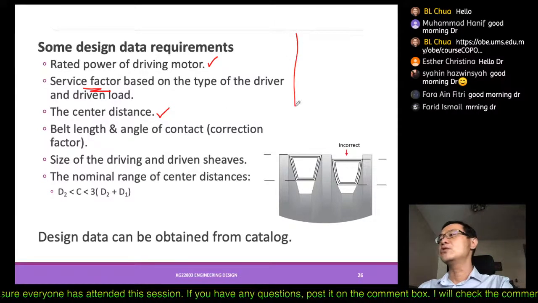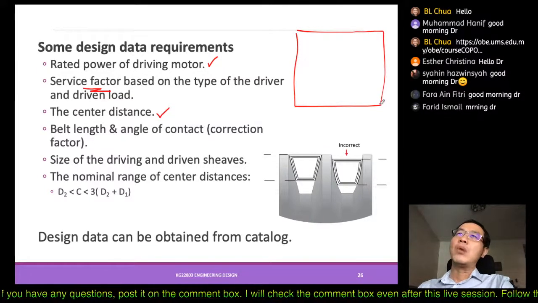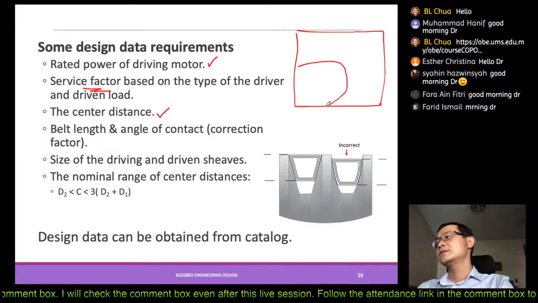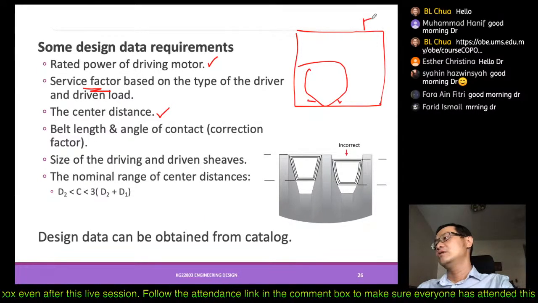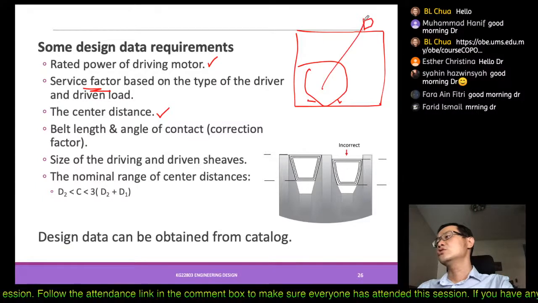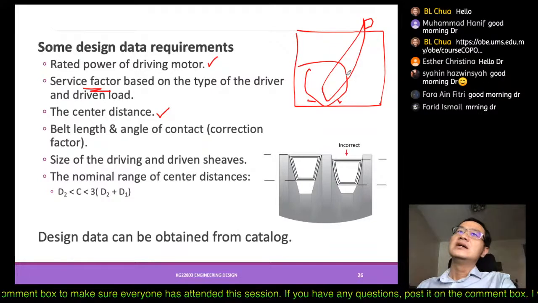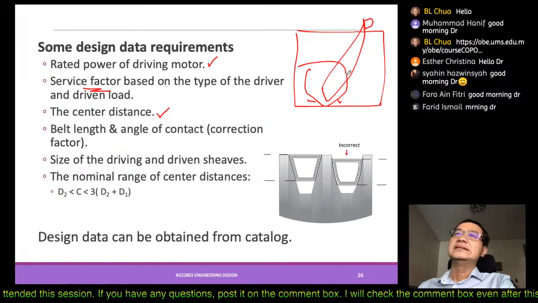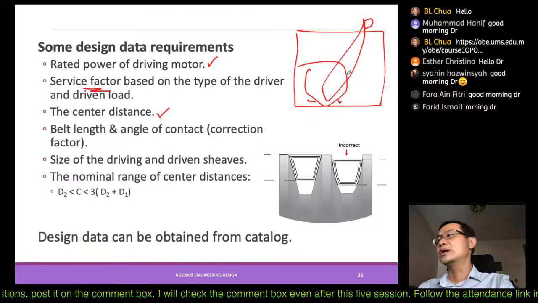Maybe we are limited by the box where you have your pumps, and you have your motor over here. So it depends on how it is being set up. Sometimes it's very dependent on the environment or the working space.